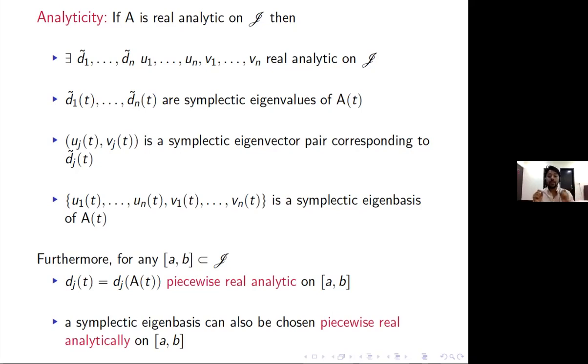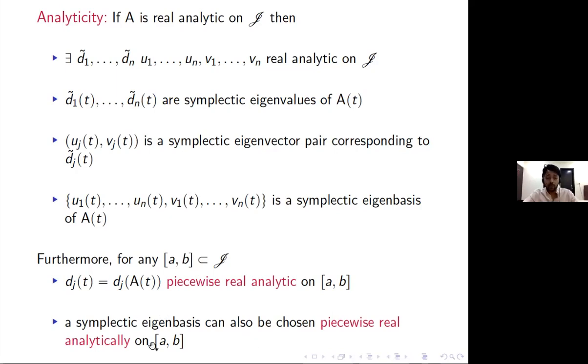By piecewise real analytic, it means that the closed interval [a, b] can be partitioned into finitely many subintervals. And in the interior of all those subintervals, the symplectic eigenvalue map d_j is analytic, and the limit of the map at the endpoints of each of those subintervals exists. So that is the meaning of piecewise real analyticity.